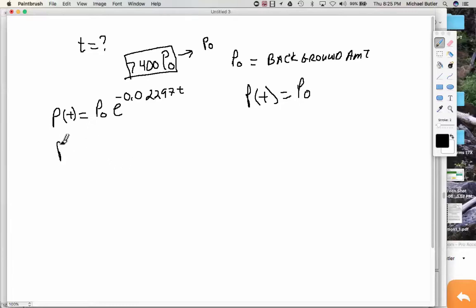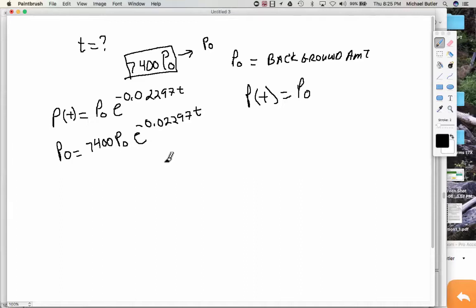So P sub 0 is going to be equal to the amount we're starting with at the moment, 7,400 P sub 0, times e to the negative 0.02297 T. Sorry about that, I know what it's supposed to come out to.